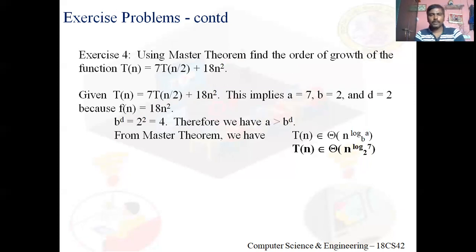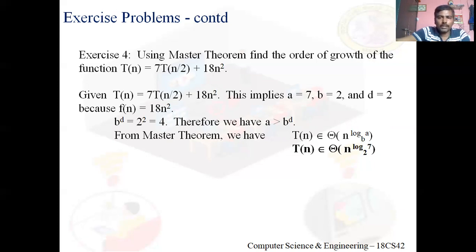See here, the recurrence is T of n equals 7T of n by 2 plus 18n square. It's very clear: a equals 7, b equals 2. D is the degree of f of n, which is quadratic, so 2. So a is 7, and b to the power d is 2 raised to 2, which is 4.